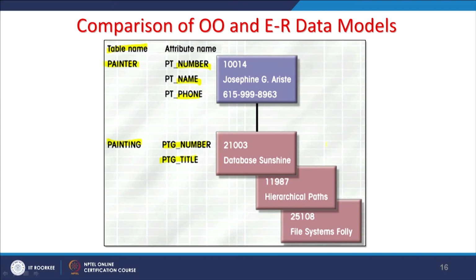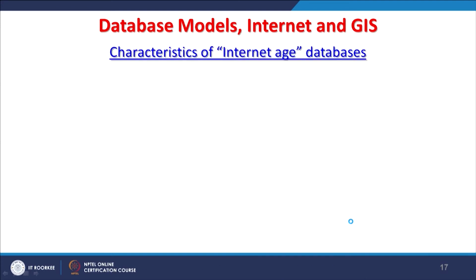Here we have a database and hierarchical path and file system folder, whereas in the case of the other database model, things might be different. Now, we discuss what the real future is about this, or what is really happening currently.